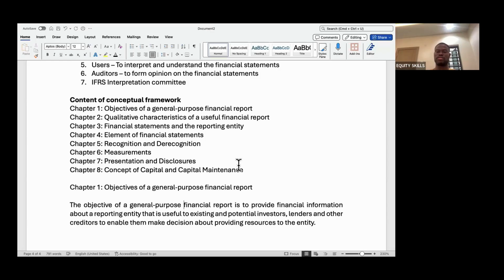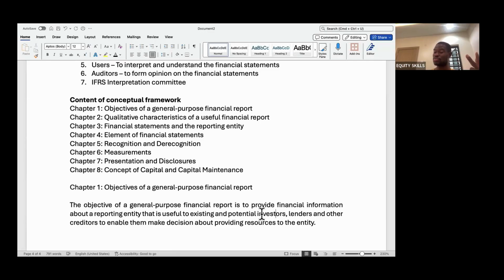You see, from this objective, you can see clearly first that when you have a financial statement that is used by everybody, majorly what we are doing is providing financial information.